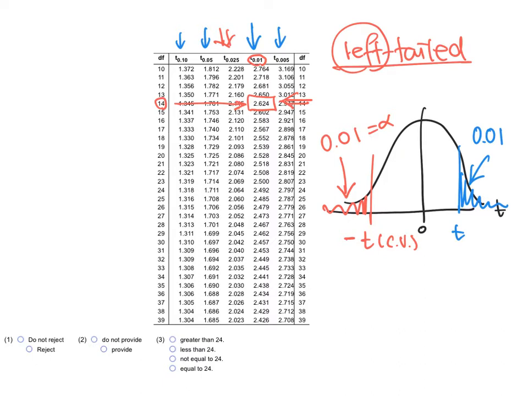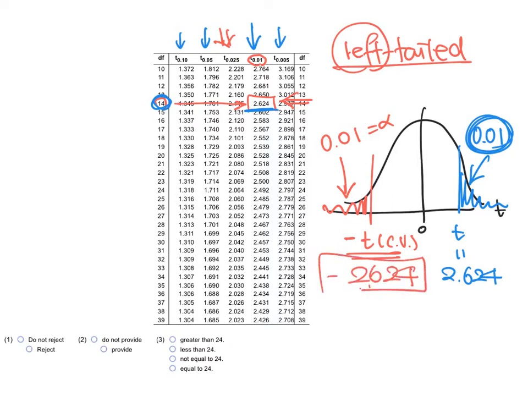But not only the standard normal distribution, but also the t-distribution is symmetrical. So I can say the positive t-score is 2.624 with the upper tail probability and the degree of freedom. But we knew it's symmetrical. So the left tail critical value would be the same as 2.624, but it must be negative.